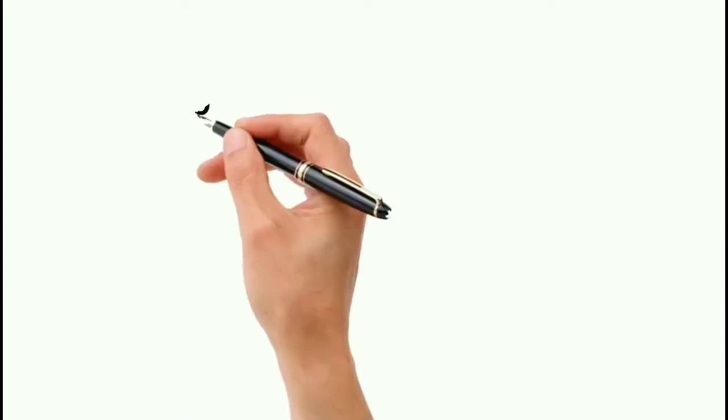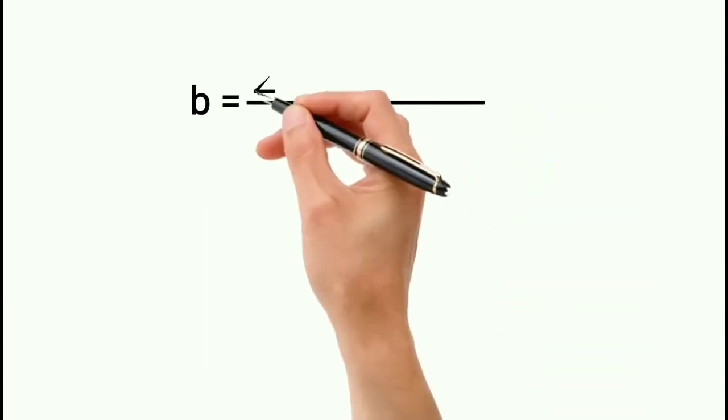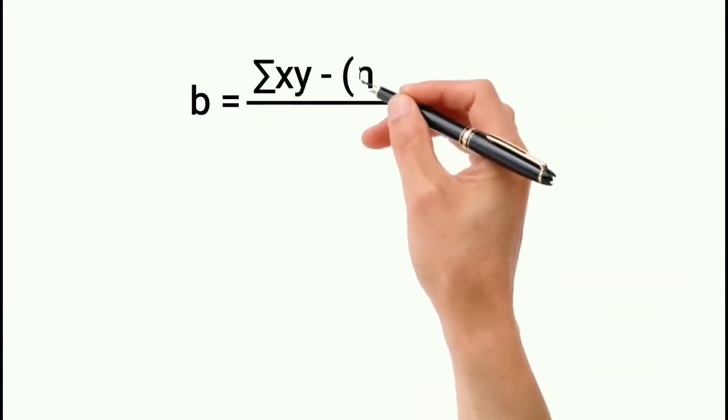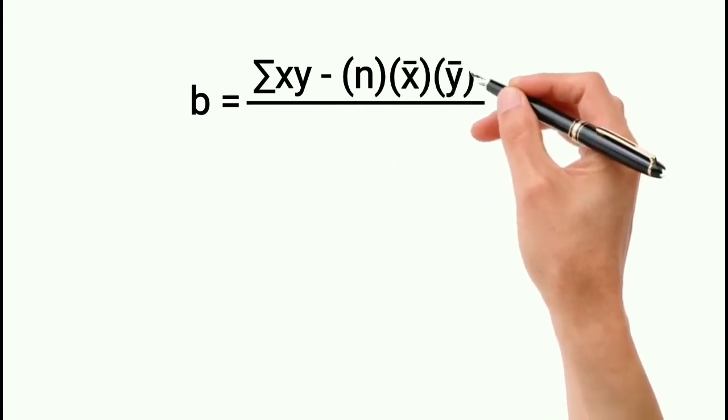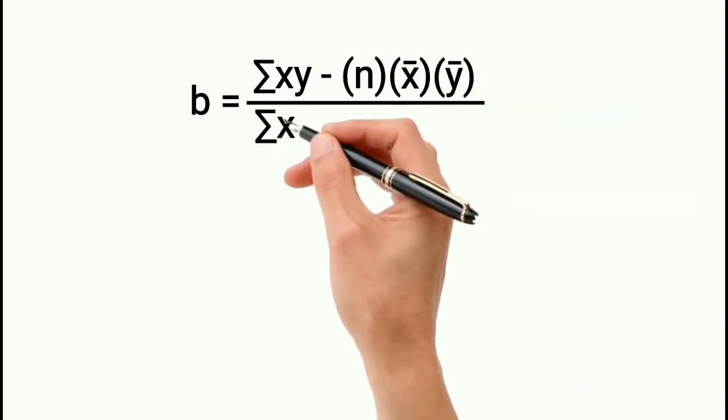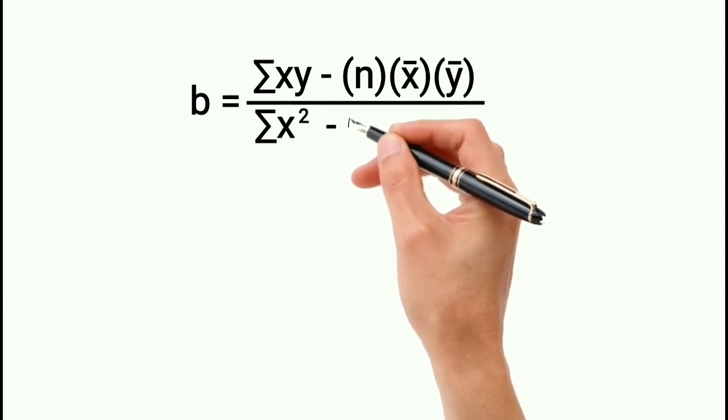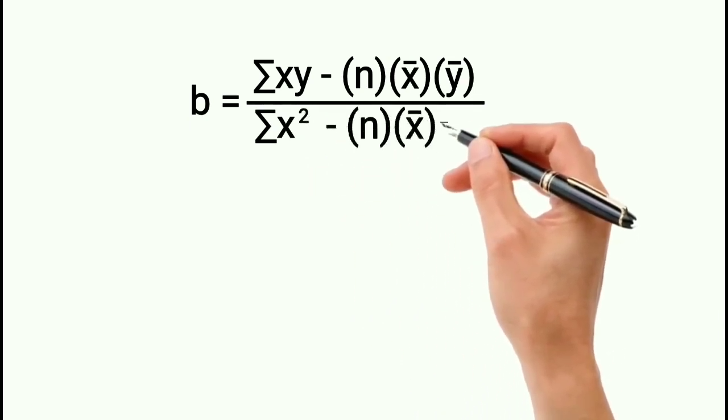At this point, we can now compute for the value of b. b is equal to summation of xy minus n times x bar times y bar over summation of x raised to the power of 2 minus n times x bar raised to the power of 2.